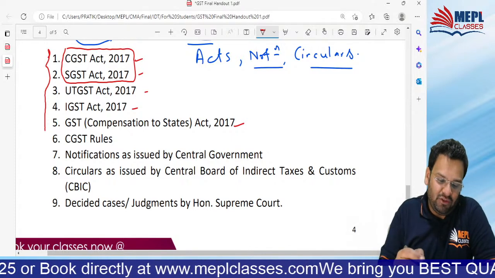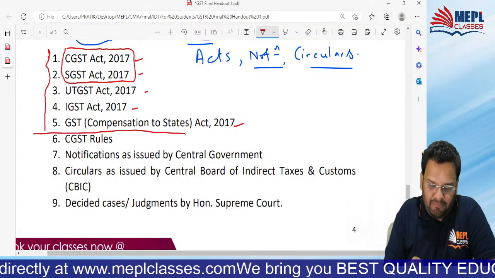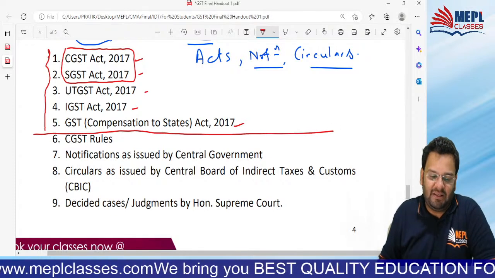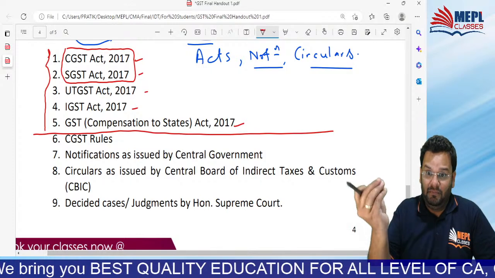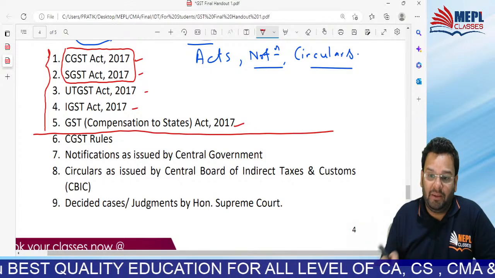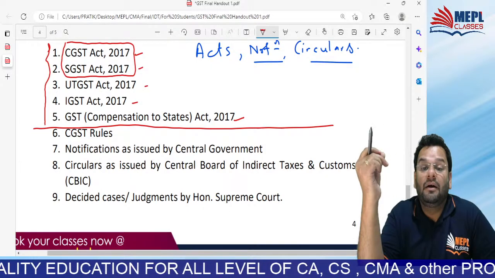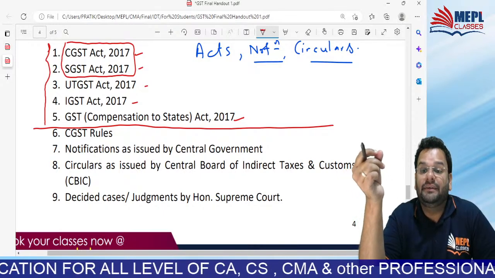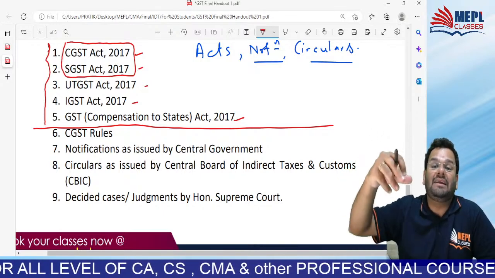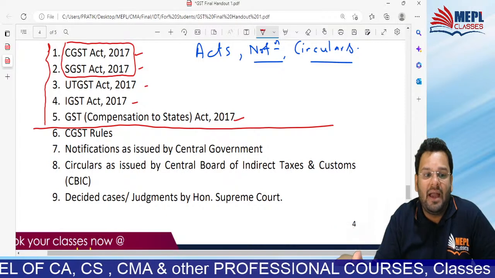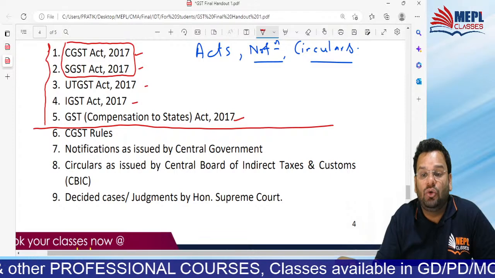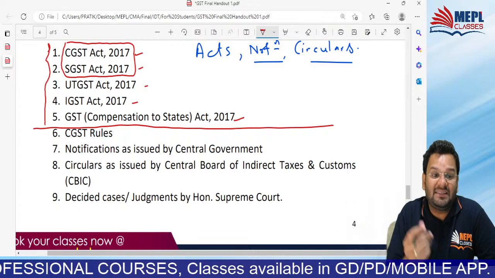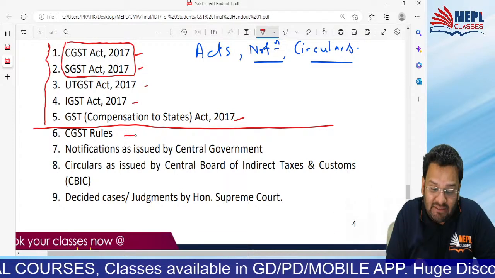Yes. So these 5 enactments are basically the body of GST law. Then many times the act cannot make detailed provisions. So what the act will do is use the words as prescribed.